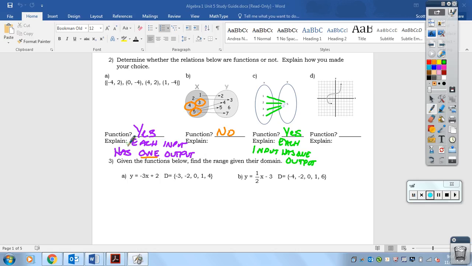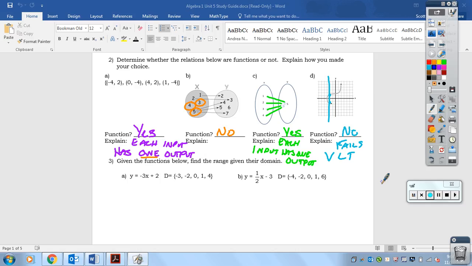Same as the purple example. And D, is this a function? The answer is no, because it fails the vertical line test. Here it hits my vertical line more than once, so it fails my vertical line test. It is not a function.